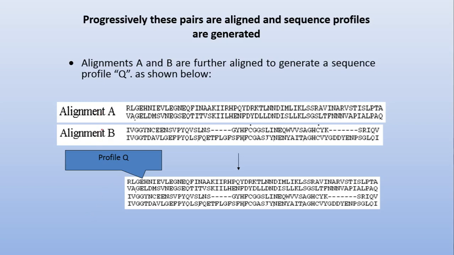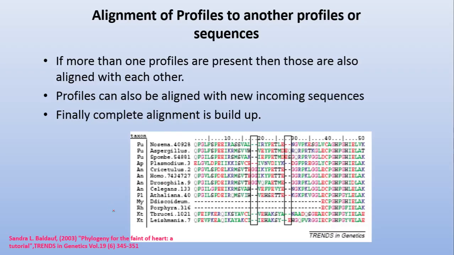When you align two alignments, we say that you generate a profile, and we would name this profile Q. In this way, sequences are aligned, alignments are aligned to each other, or subsequent remaining sequences are aligned to either profiles or alignments. In this way, you would generate the entire multiple sequence alignment. If more than one profile is present, then those are also aligned to each other.